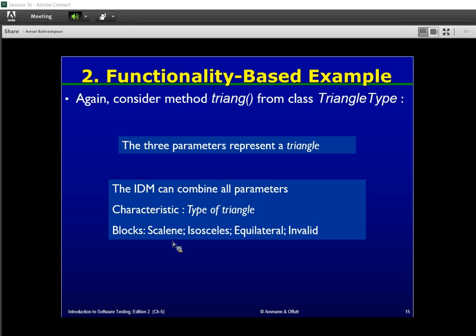A good test set in this approach is a test set that consists of at least four tests: one test case for a scalene triangle, one for an isosceles triangle, one for an equilateral triangle, and one invalid combination.